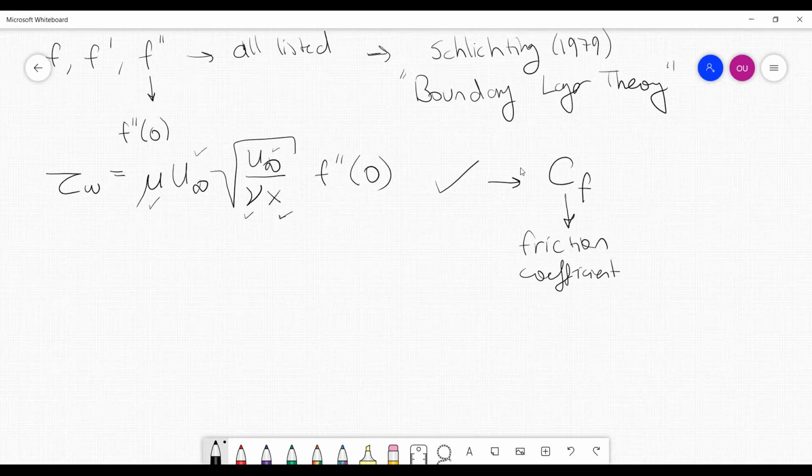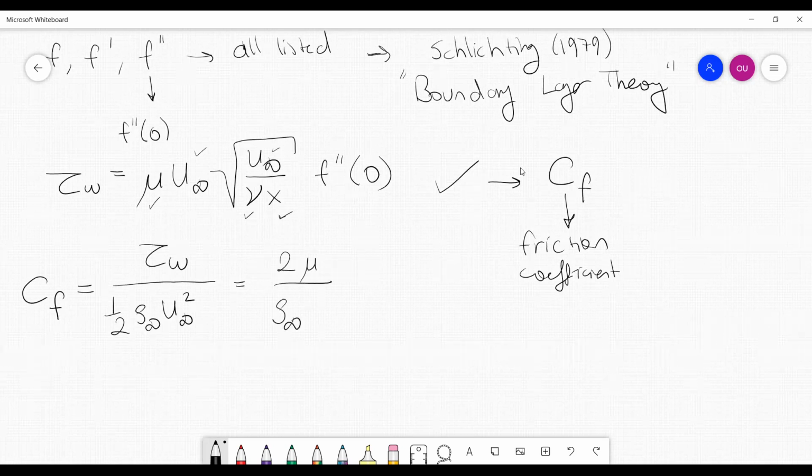So we can now estimate the friction coefficient. The definition of friction coefficient is tau wall divided by 1 over 2 rho infinity u infinity squared. So if I divide all these terms by 1 over 2 rho u infinity squared, I have 2 times mu.